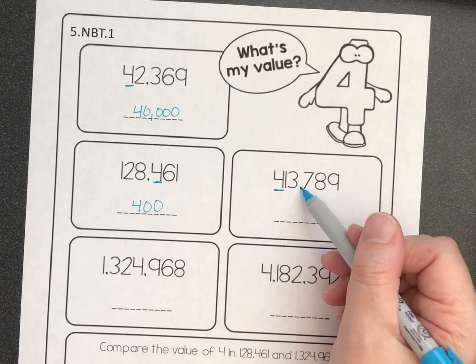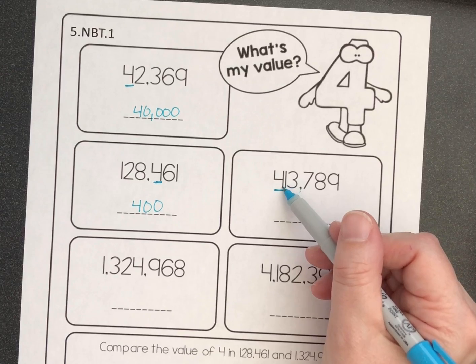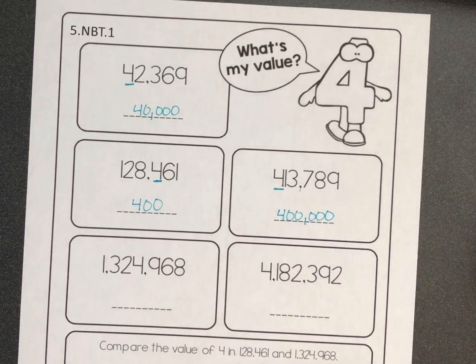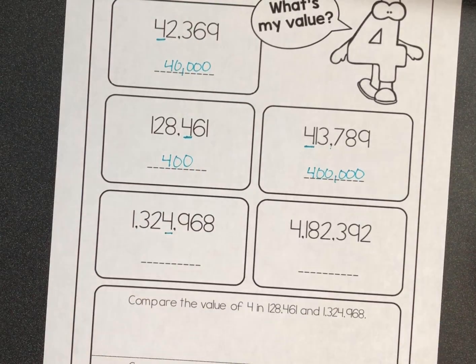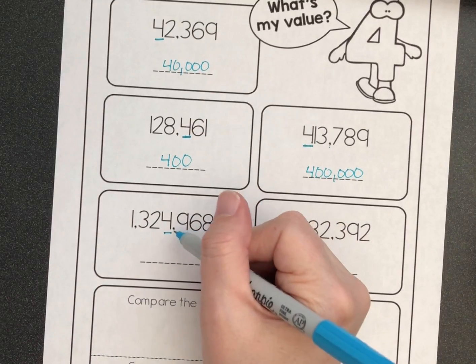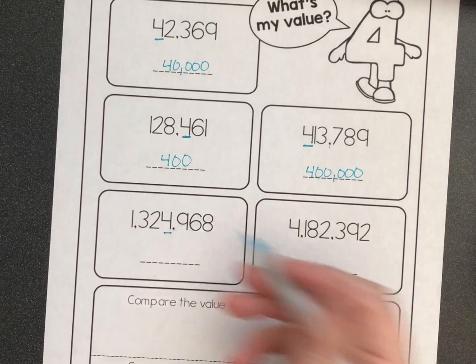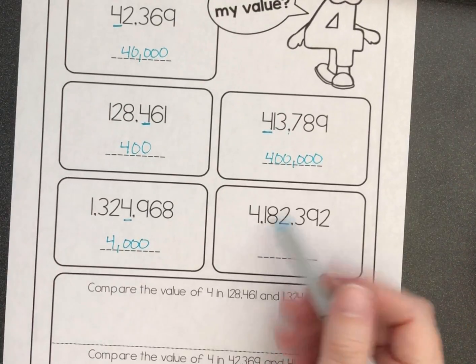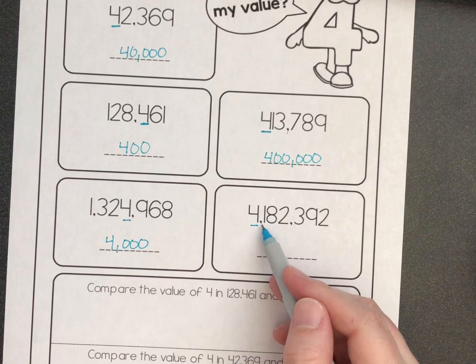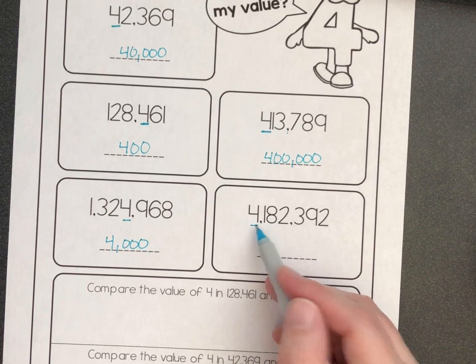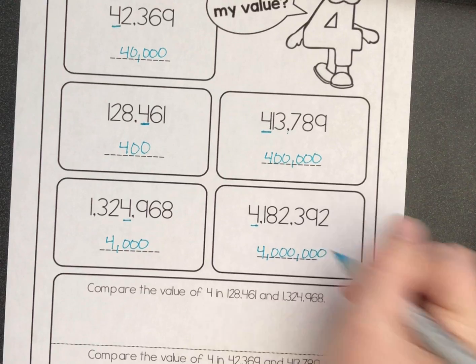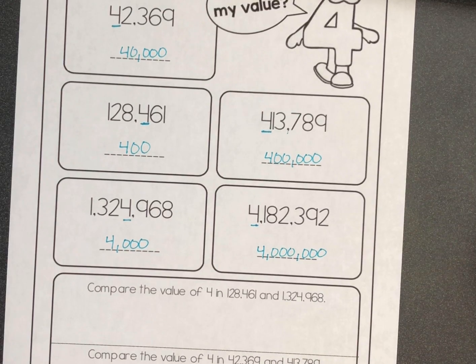So here's my thousands period, 1,000, 10,000, 100,000, 400,000. Here's my digit 4, and we can see it's actually right there in the 1,000s place, so 4,000. And this 4, ooh, we're in another period, we have another comma here, so this is our millions. This one is 4 million. Okay, so that's the values of those 4s.